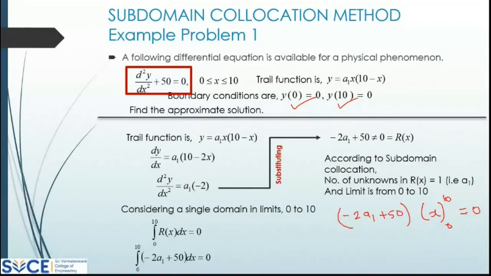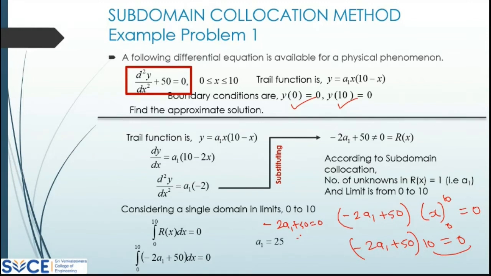Right? I will substitute the value. You will apply upper limit and lower limit. I will get minus 2a1 plus 50 into 10 is equal to 0. So cross multiplying, this 10 becomes 0. So I'll get minus 2a1 plus 50 is equal to 0, which means again I will get a1 is equal to 25.